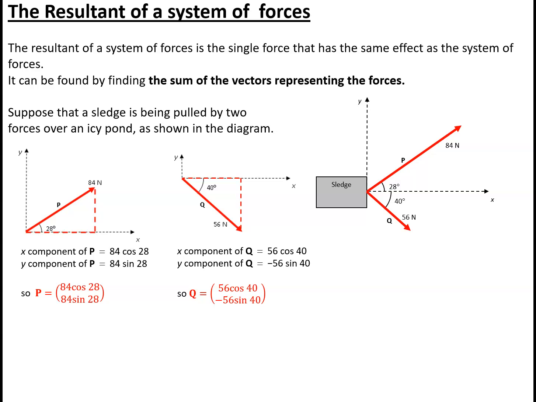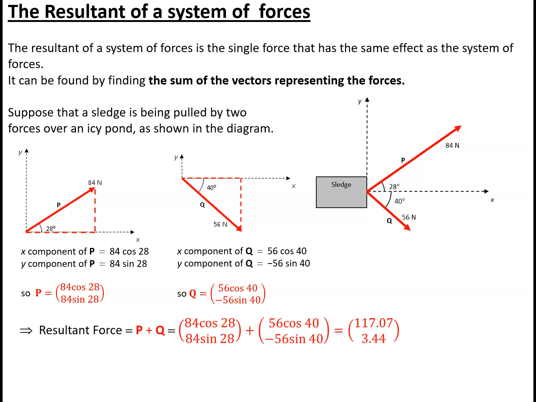The resultant of the two forces is simply the sum of the vectors representing the forces. So the resultant force is P plus Q. So that is 84 cos 28, 84 sine 28, add 56 cos 40, minus 56 sine 40.